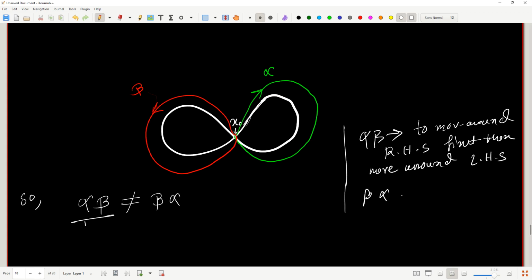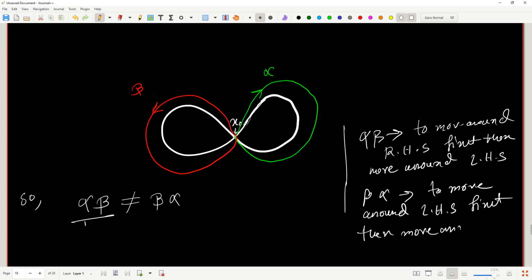And beta alpha tells you to move around the left hand side first, then move around the right hand side. And they're not the same operation.